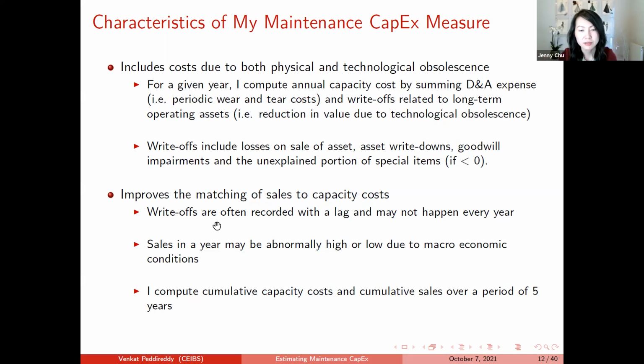Venkat, Sudipta has another question for you. Yes, Sudipta. So why is goodwill impairment included in Capex? So when I defined this maintenance Capex in the beginning, I said the expenses related to the long-term operating assets. Ideally, maintenance Capex is more related to the tangible assets.